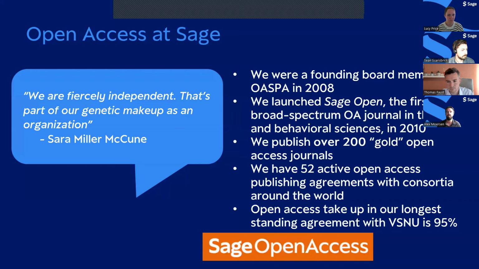Fast forward to now, Sage publishes over 200 gold OA journals, and we'll dive more into what that means, but gold refers to journals that are fully open access, typically by virtue of an article processing charge to authors.